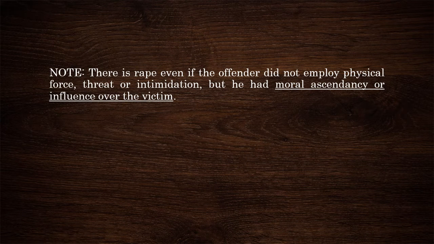Now, take note that even if there is no express mention in Article 266-A, Paragraph 1, of the element of moral ascendancy or influence, there is still rape, even if the offender did not employ physical force, threat, or intimidation, but he had moral ascendancy or influence over the victim, forcing the victim to submit to his bestial desires.